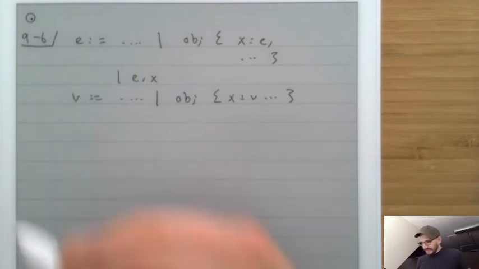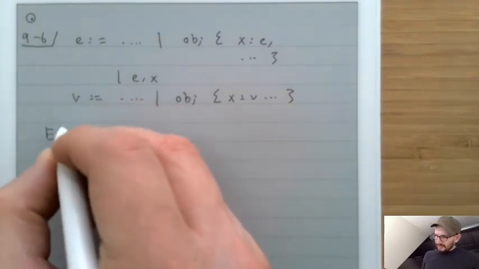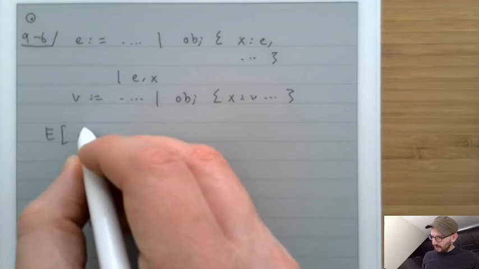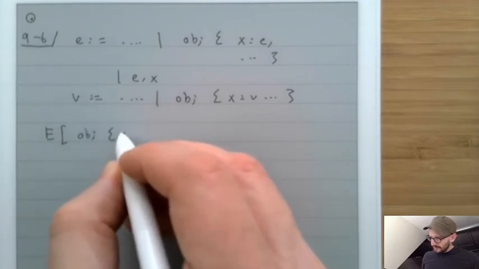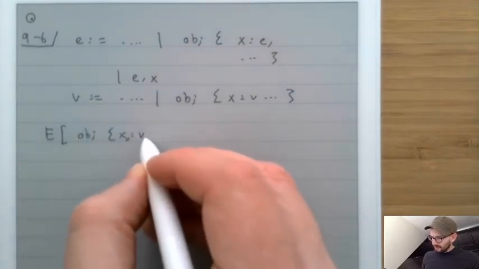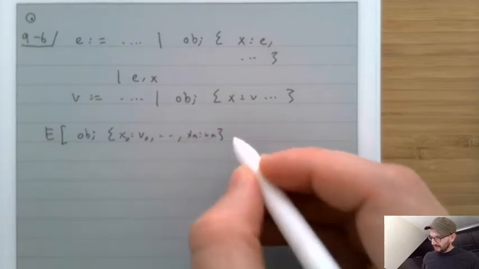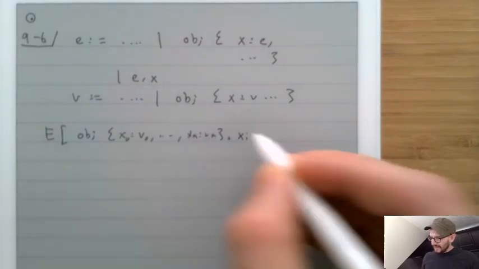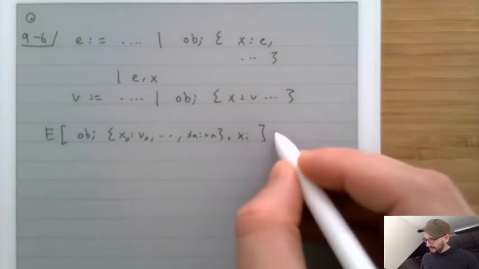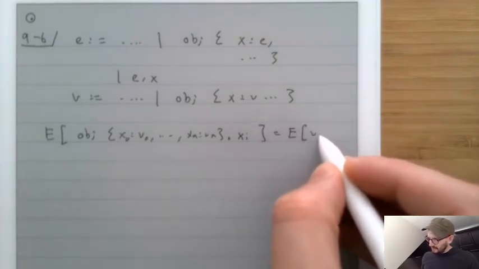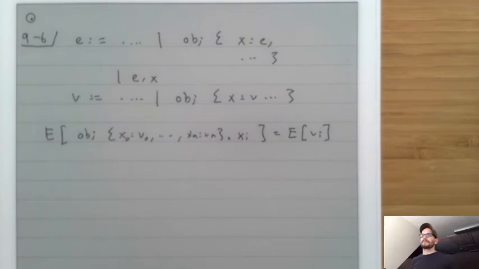And then the rule would say something like E of object x0 v0 dot dot dot xn vn dot xi is equal to E of vi. Okay?